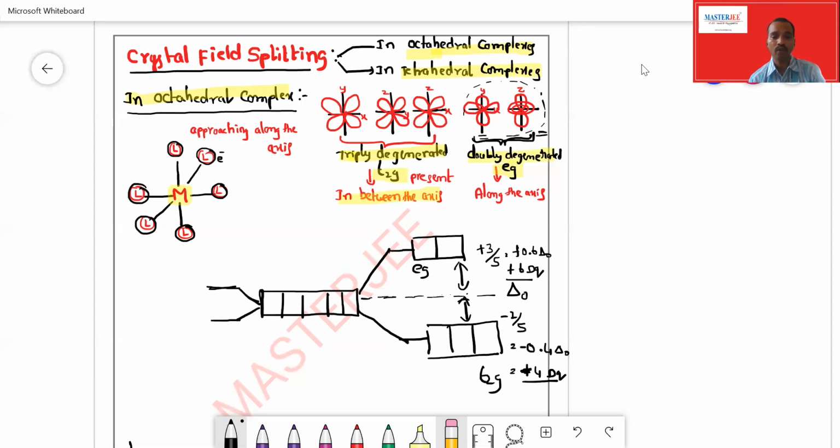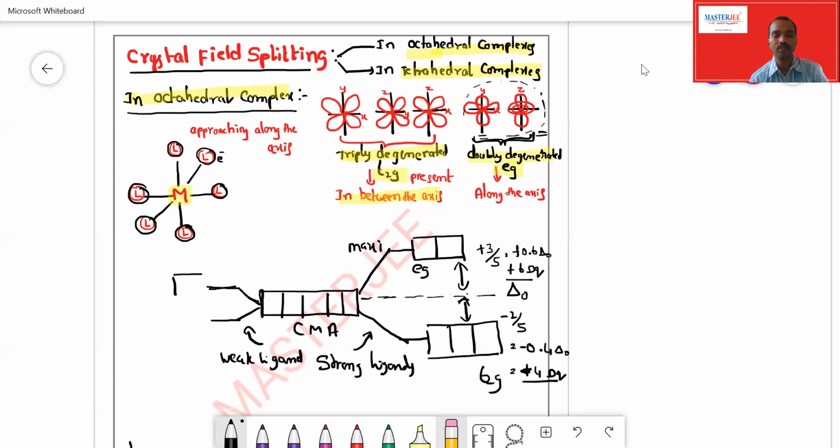So when will this take place? Whenever strong ligands approach the central metal atom, the splitting will take place to the maximum, like this. Whenever weak ligands approach, minimum splitting only takes place.